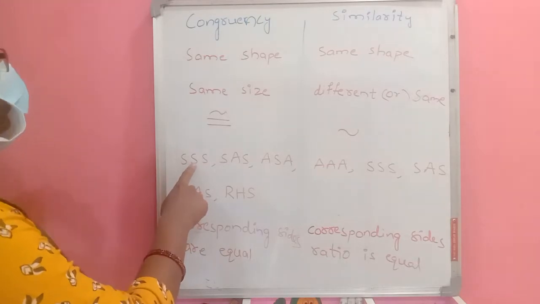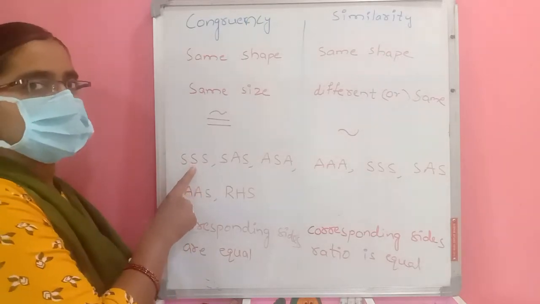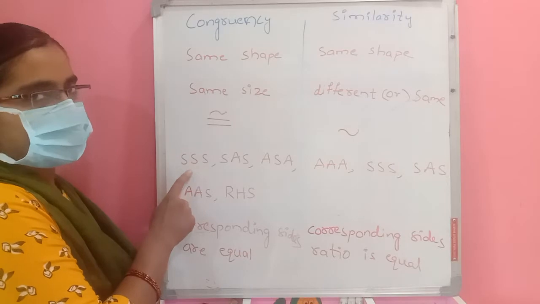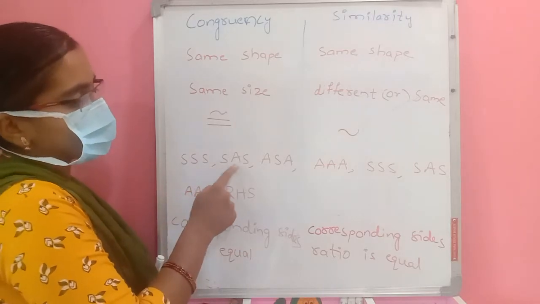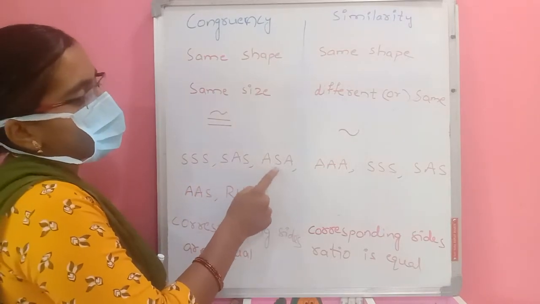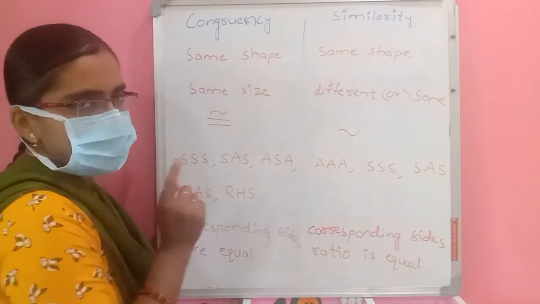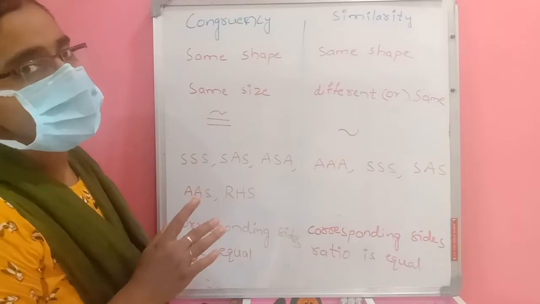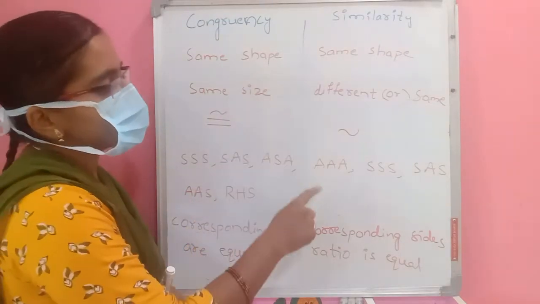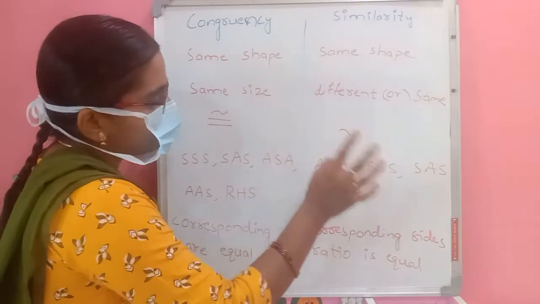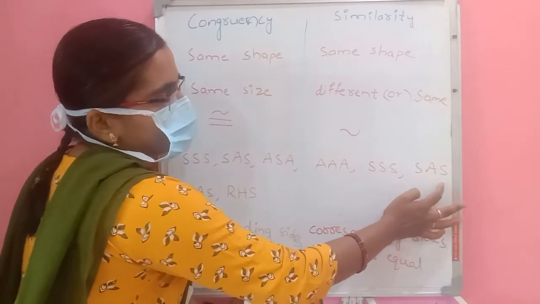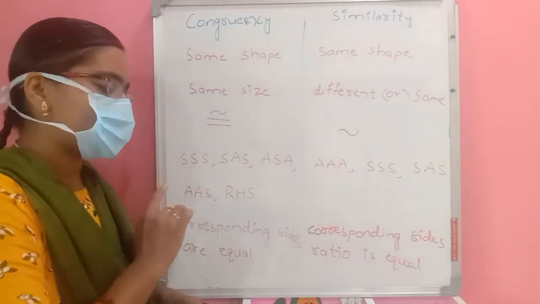The criteria to find out congruency between any two figures are SSS, SAS, ASA, AAS and RHS. But to find out similarity, we have AAA, SSS and SAS. These are the criteria for similarity.